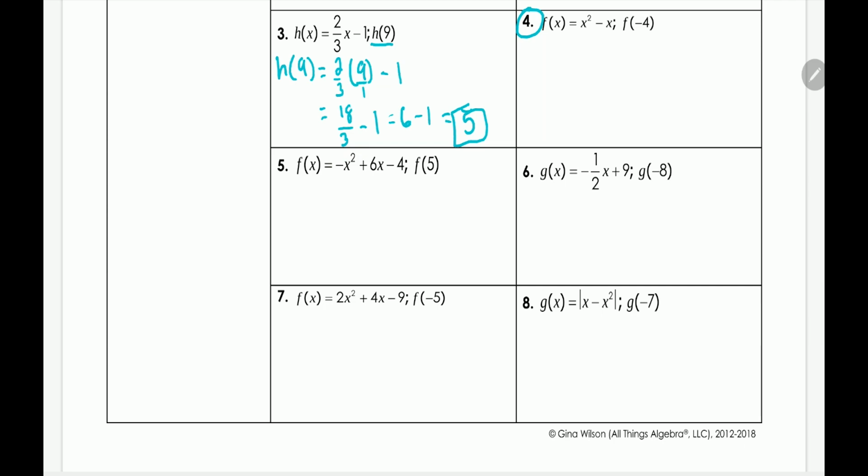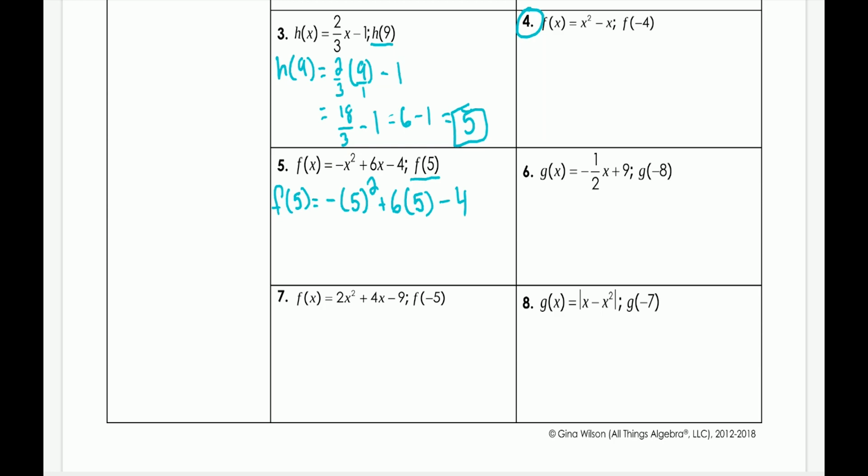Number 5. We have f of x is equal to negative x squared plus 6x minus 4. We're asked to find f of 5. So f of 5 would be equal to negative parentheses 5 parentheses squared plus 6 times 5 minus 4. We follow order of operations, so the first thing we do is evaluate the parentheses.